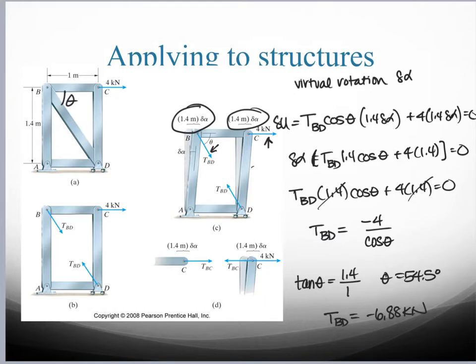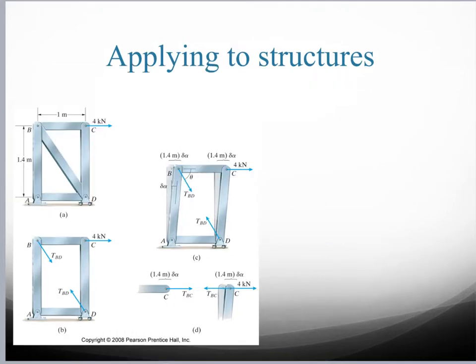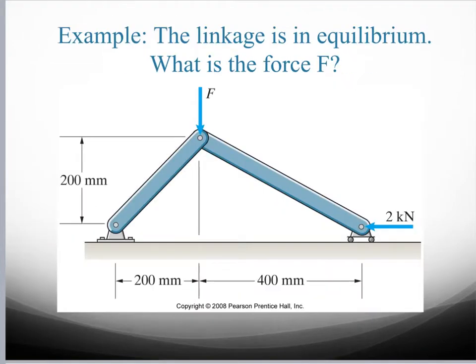All right, so we have one more thing I want to show you. So here is an example of a linkage, and we want to figure out with some virtual displacement how big that force F is going to be.